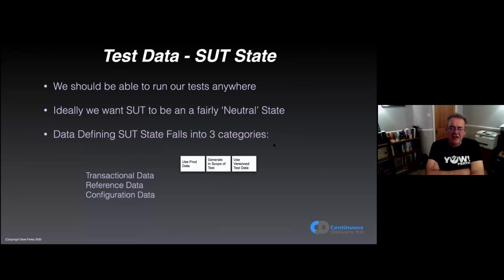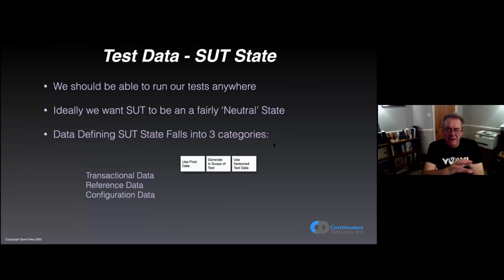We could generate data in the scope of a test and use targeted synthetic data, or we could use what I call versioned data, which is, you can imagine your deployment tools doing something like, okay, I'm deploying to an acceptance test environment, and therefore I need to deploy this set of data to support those tests. You can imagine doing that kind of thing. That's what I mean by versioned data.